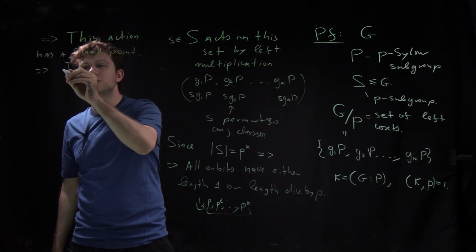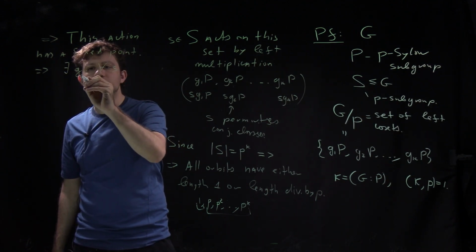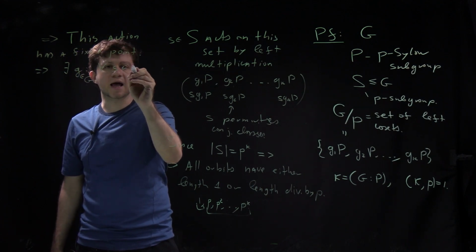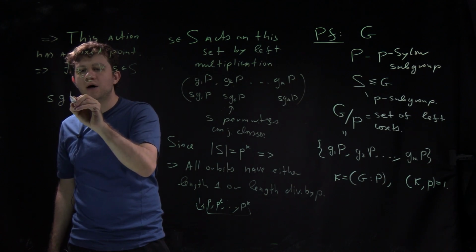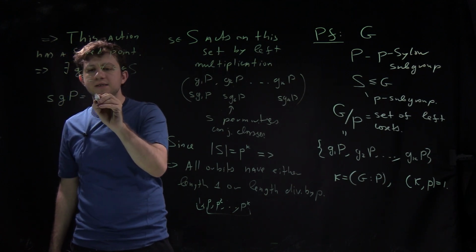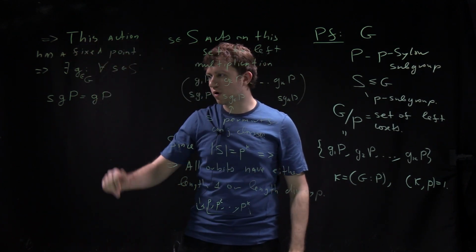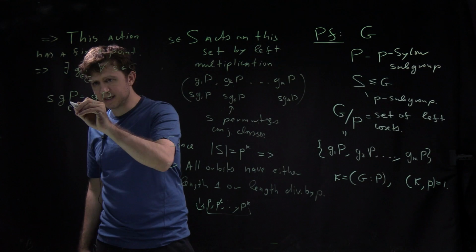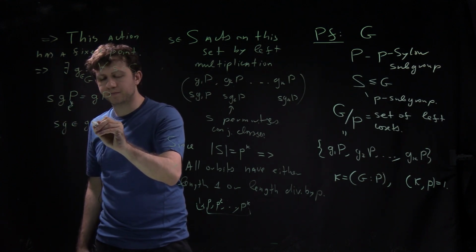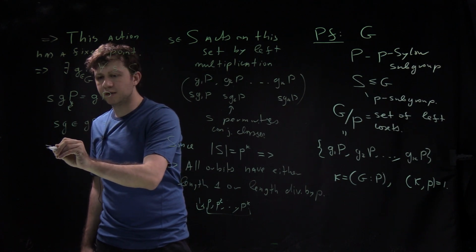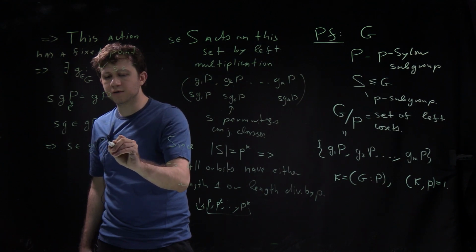So there exists g in G such that for every element s in S, if you take s, multiply on gP, that's just the same as gP. And of course, in particular, we have identity here, so it means sg is inside gP, but that means that s is inside gPg inverse.